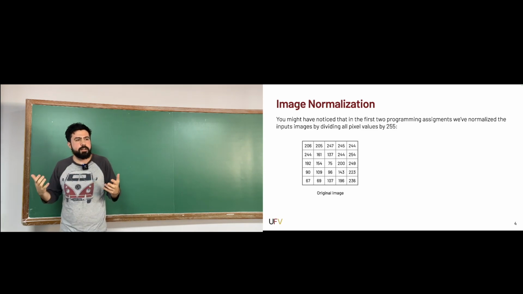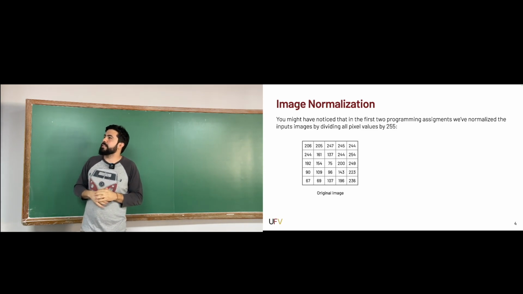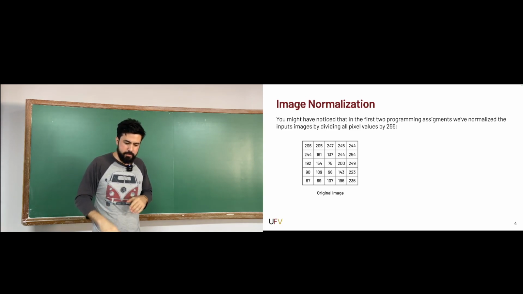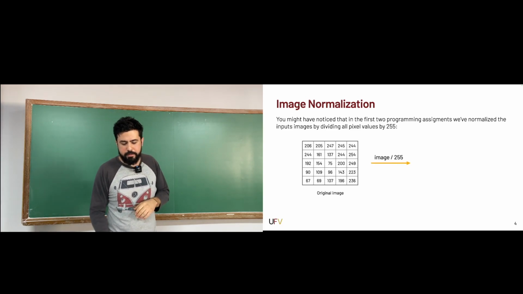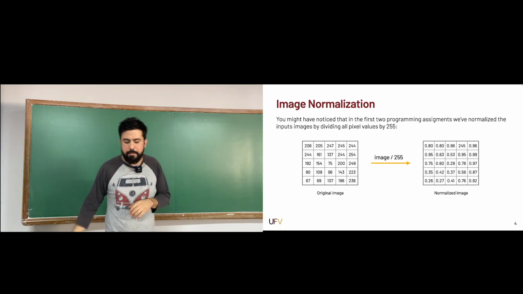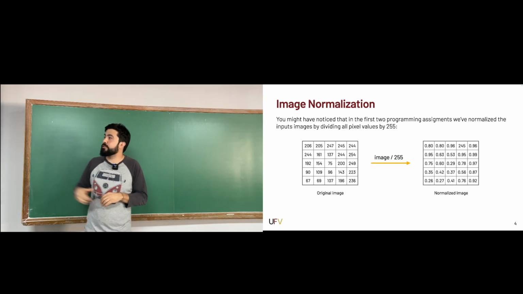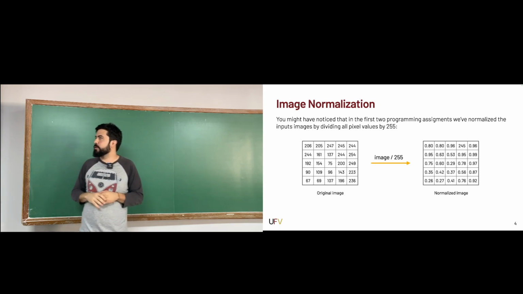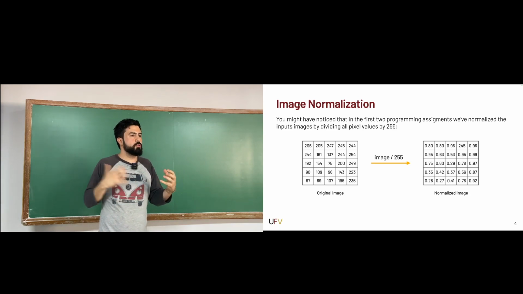In that scenario, normalizing meant dividing the pixel values by 255. We'd grab the image and divide all the values by 255, just to rescale those values to a range that goes from 0 to 1, right?